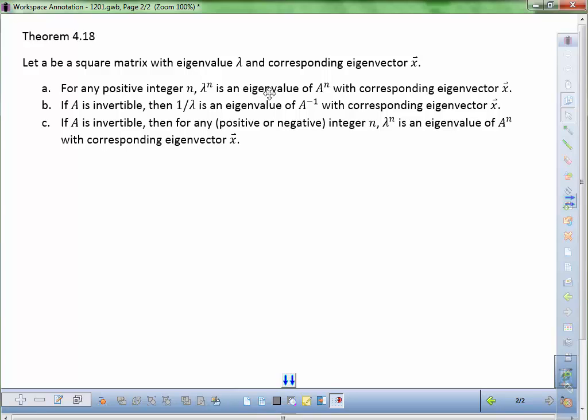And you're going to continue to have the same eigenvector x. So that's kind of interesting, right? If you have an invertible matrix, then 1 over lambda is an eigenvalue of A inverse. That's another interesting fact.